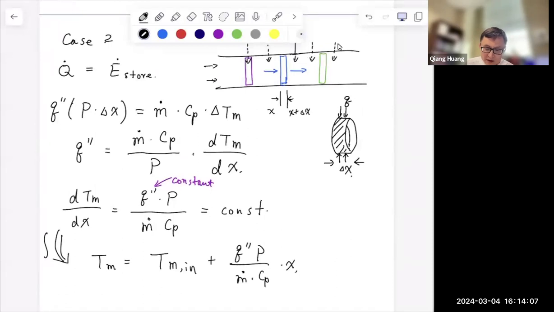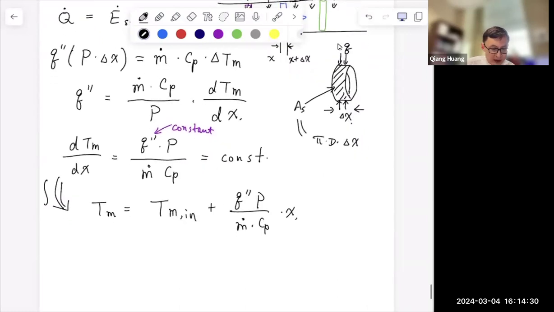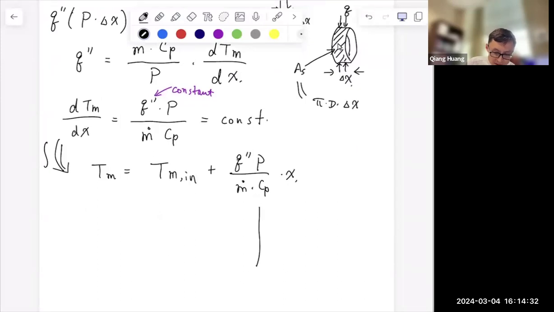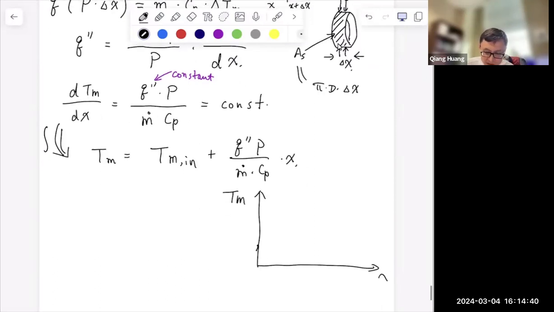Okay, so this diagram was just showing you the surface area for the heat transfer. This surface area equals pi d delta x. Coming back here, I can plot the mean temperature with respect to x, and it is a linear function.